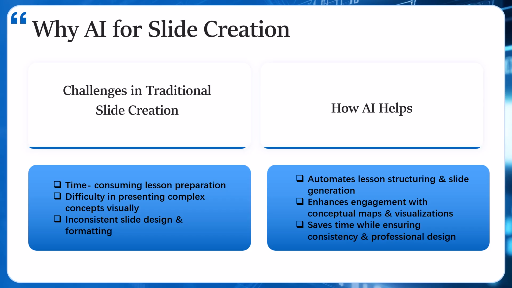AI tools like Gamma or Tome can instantly organize your content into clean slide layouts, saving hours of manual work. Next, enhances visual engagement. AI tools can automatically generate conceptual diagrams, visual maps, and illustrations that make complex topics easier for students to understand. Lastly, saves time and ensures consistency. With AI, your slides have a professional, cohesive look by default.